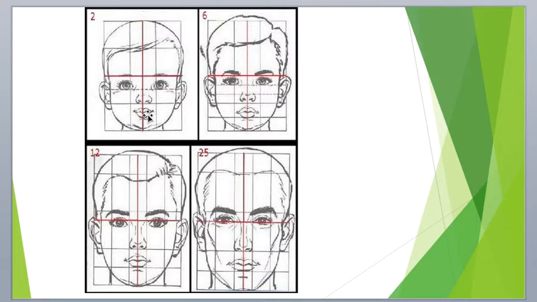So you don't need to draw it like this. You can just draw a circle with eyes, nose, lips. You do need to know where each part is. So I want you to take some time, look at each of the images, and take time drawing the boxes and dividing them. So right here, it's a box and you divide it in half, and you divide this half, and then this one you divide in half, and then you divide this half in another half.